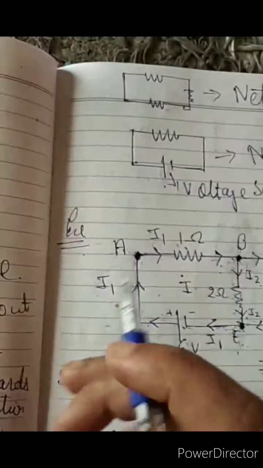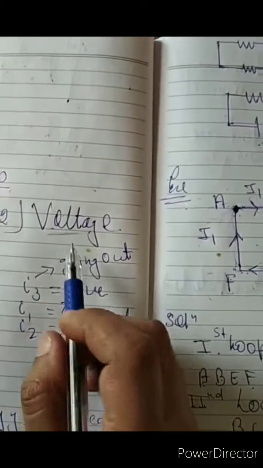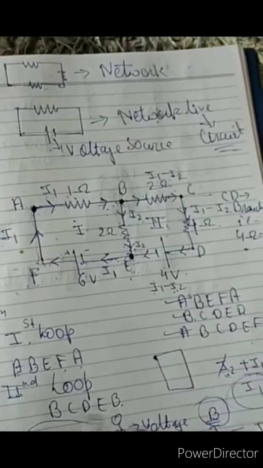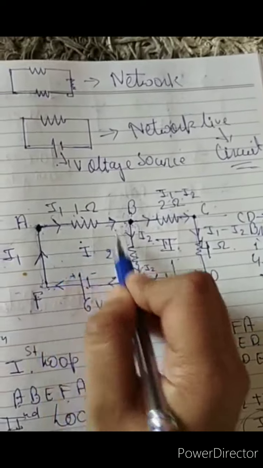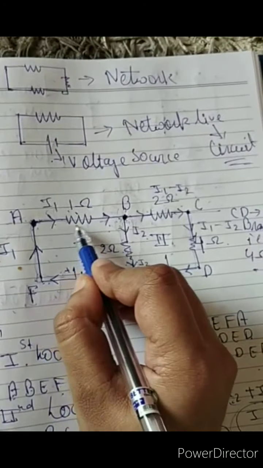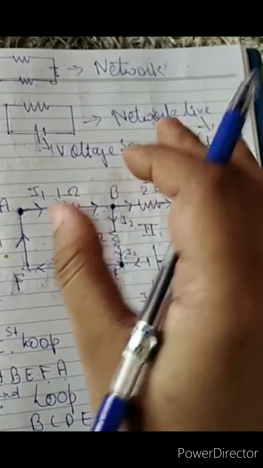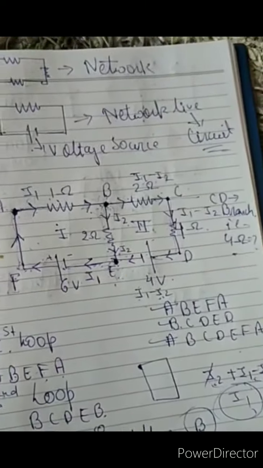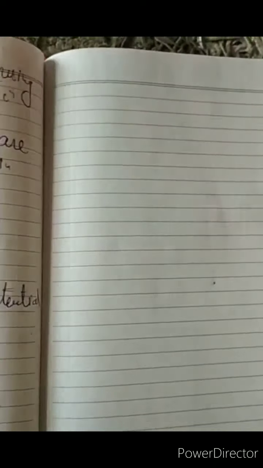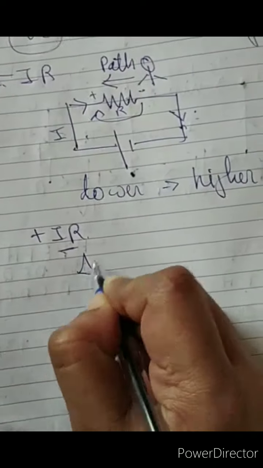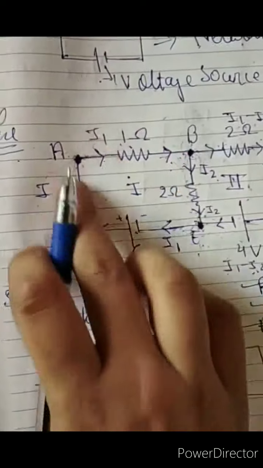Now we will see the second law, which is the voltage law. Voltage law says that if you are traversing a closed loop, the change in voltage, delta V, is 0. It means change in voltage across a closed loop is 0.